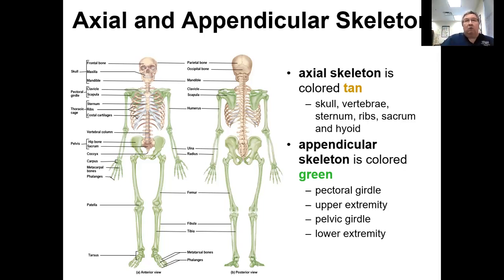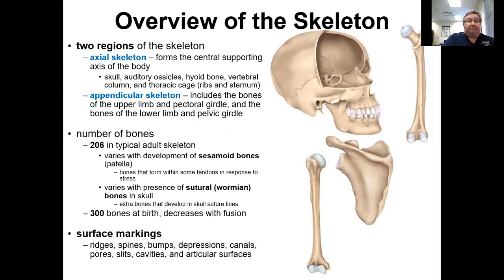So knowing how they are separately and knowing how they are together are two really, really important aspects of the human skeleton. There's multiple regions, like I said, the axial and the appendicular skeleton. The axial supports the body, and the appendicular is basically the arms and the legs.